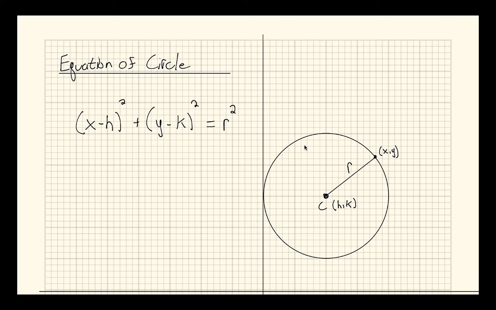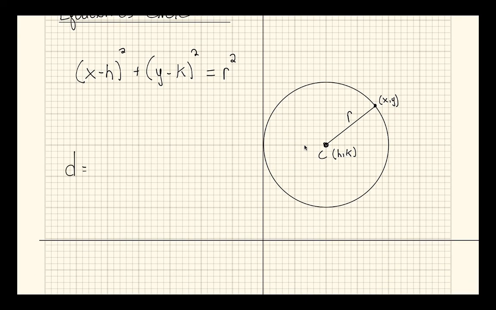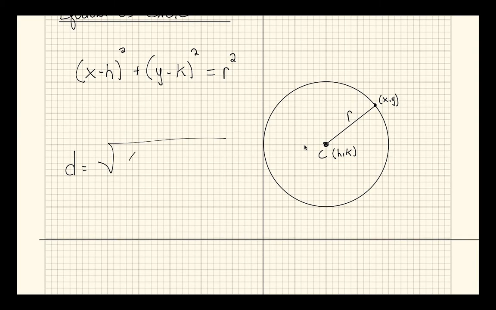Now, I mentioned this is similar to the distance formula. If you remember, the distance formula is d equals the square root of x1 minus x2 squared plus y1 minus y2 squared. We learned that earlier in the year. You go over that in pre-algebra, algebra 1, even geometry, so I know you've seen that. Think about this equation.